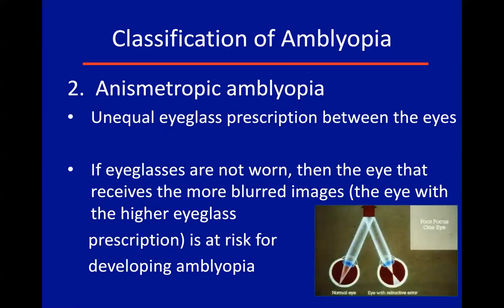There's also something called anisometropic amblyopia. This is when you have an abnormal refractive error. There is no strabismus. The eyes are the same, but unfortunately, one eye, this is the normal eye, this is the eye with the refractive error, the hyperopia. So the image is not being concentrated on the retina.